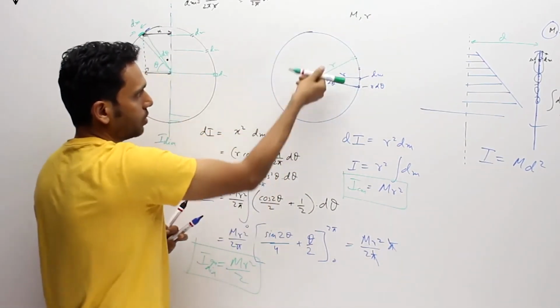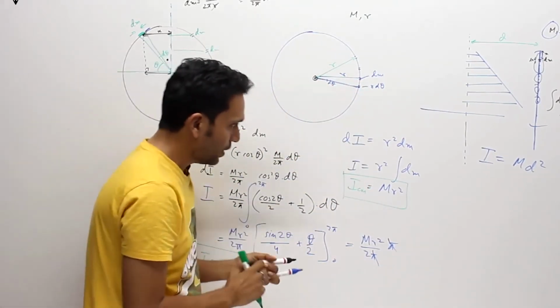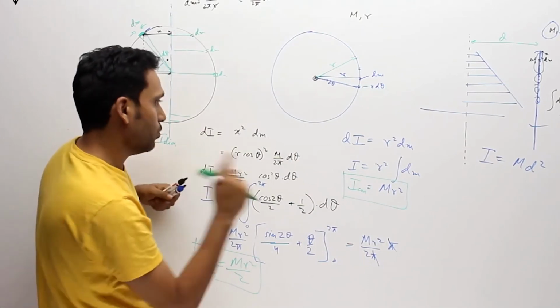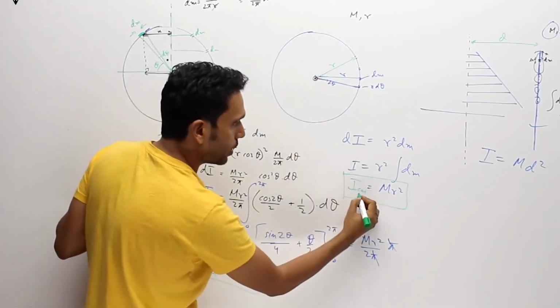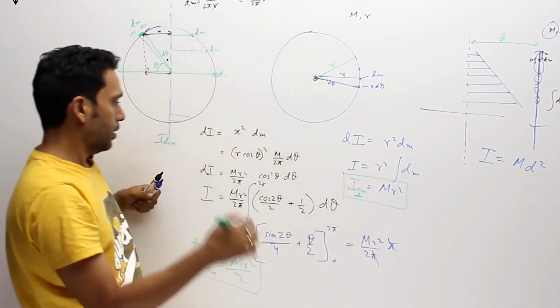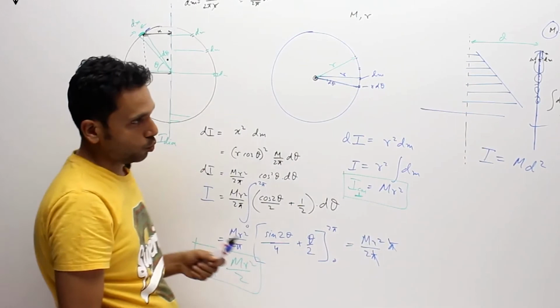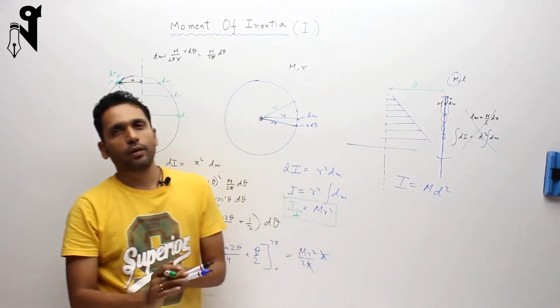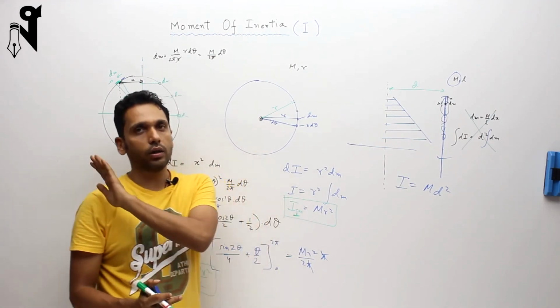Whether this or this or this, all diameters will give you the same answer. But if there is a slant axis like this, that is also going through the CM, so that is also ICM. So ICM was mr square if the axis was perpendicular outside, and ICM along the diameter was mr square by 2.